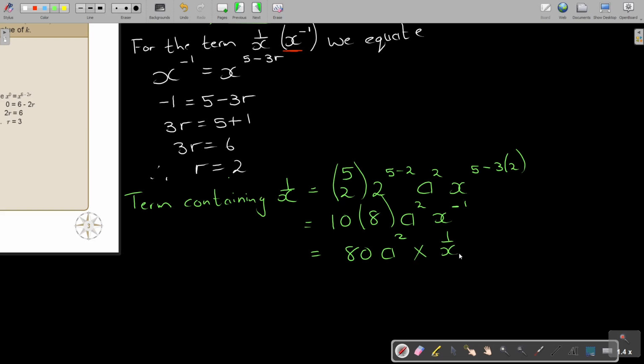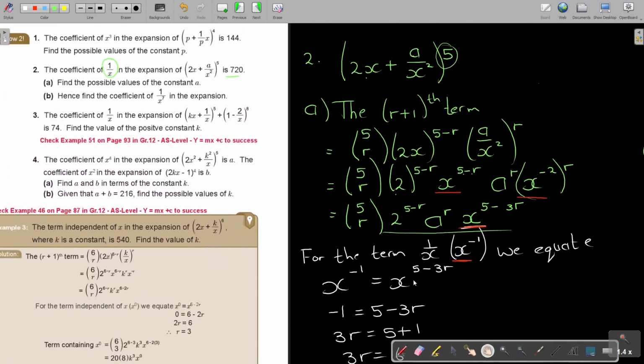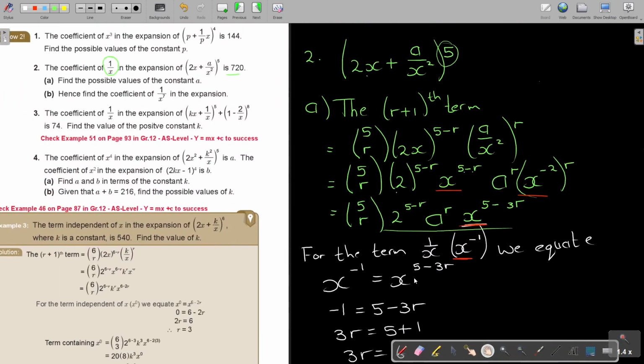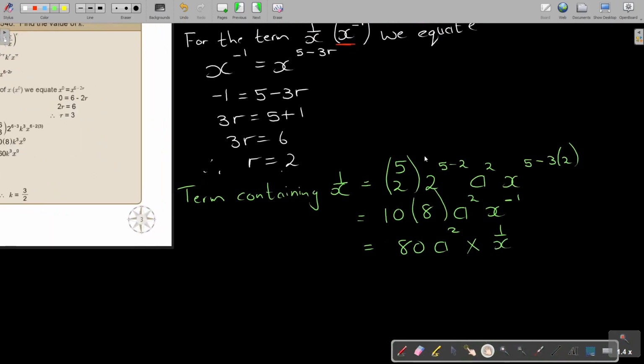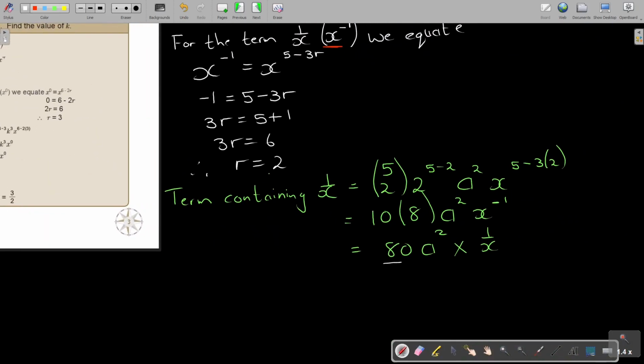Okay, but now I still want to find that value of a. So go back to my sum, and I said that that is equal to 720, the coefficient. So I'm just going back, and I say, okay, so therefore 80 a squared is equal to 720. And then a squared is 720 divided by 80.